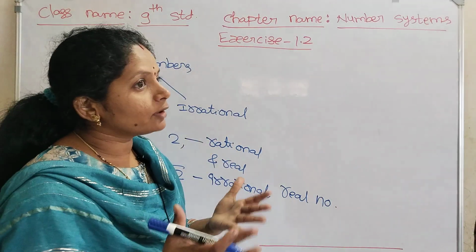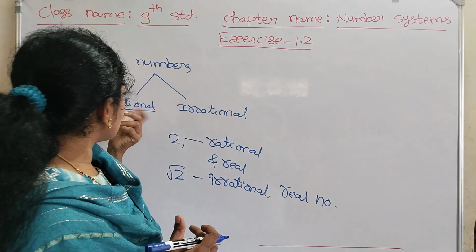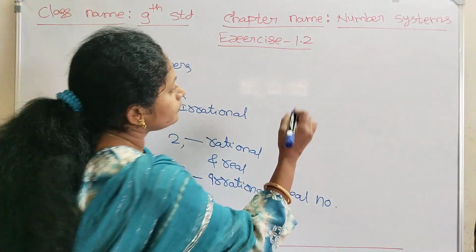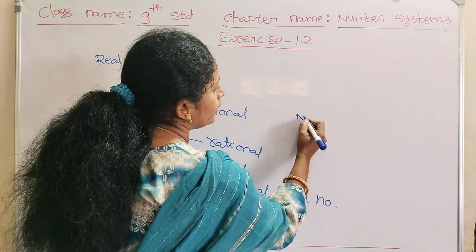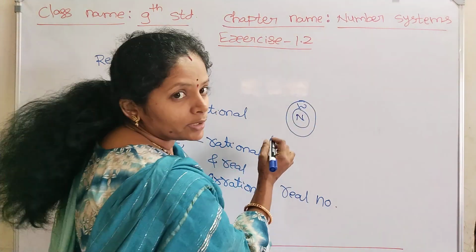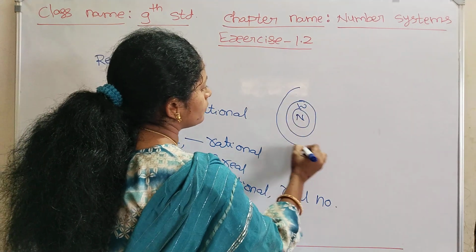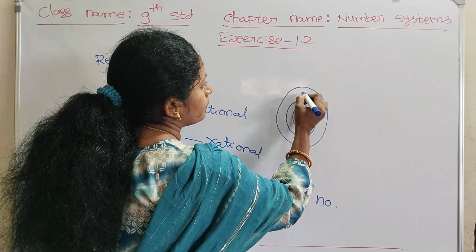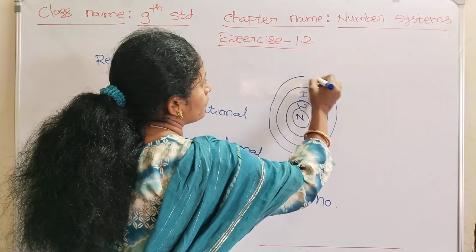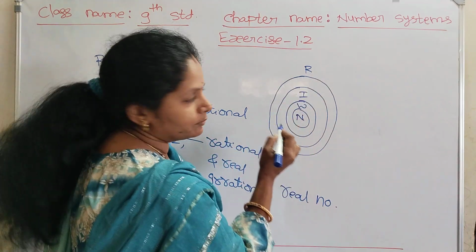How can we represent these rational and irrational numbers within the real numbers in a diagram? Natural numbers, whole numbers, integers, and the rational numbers.